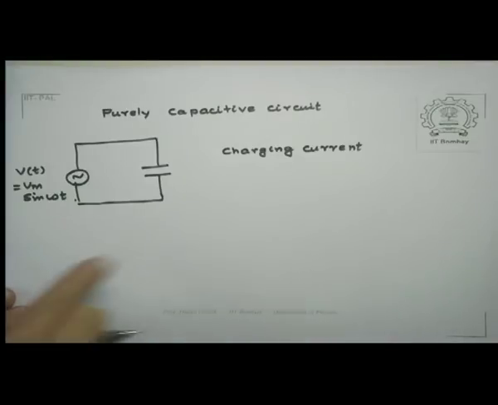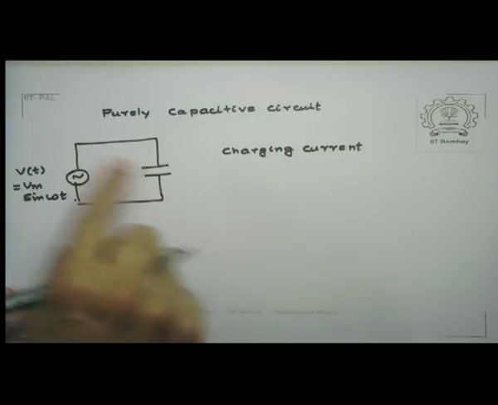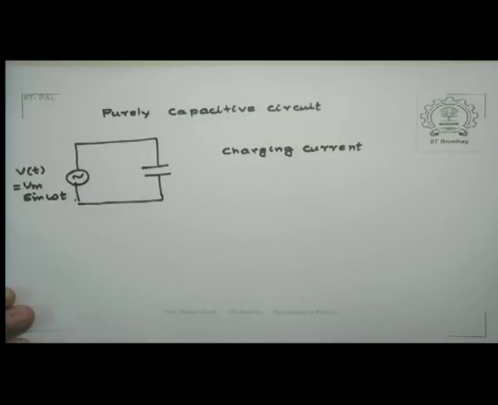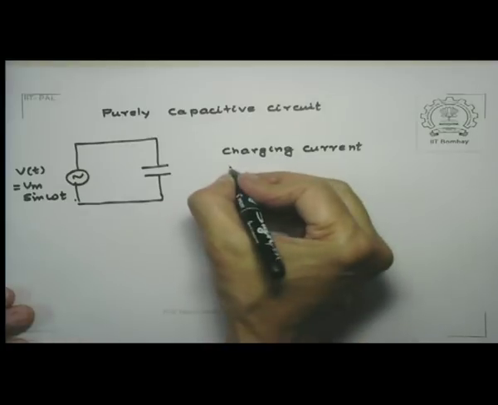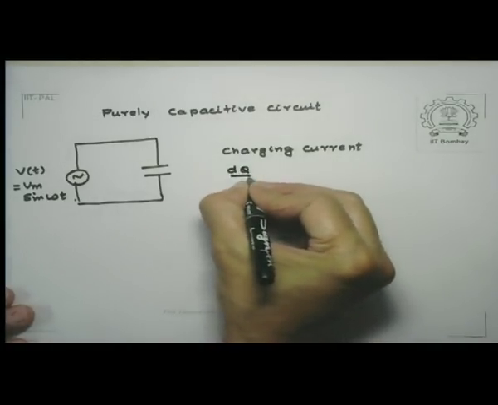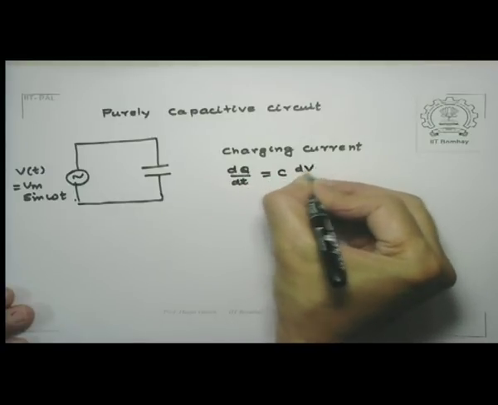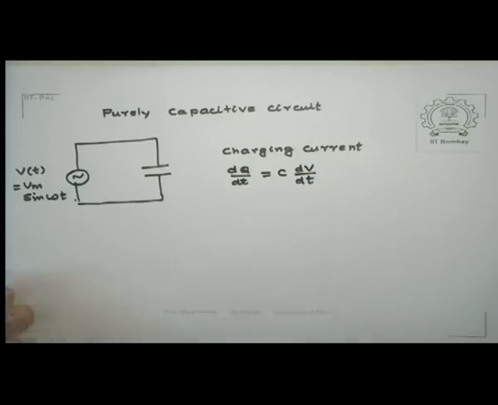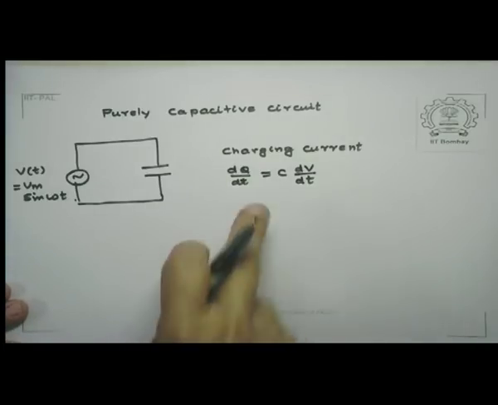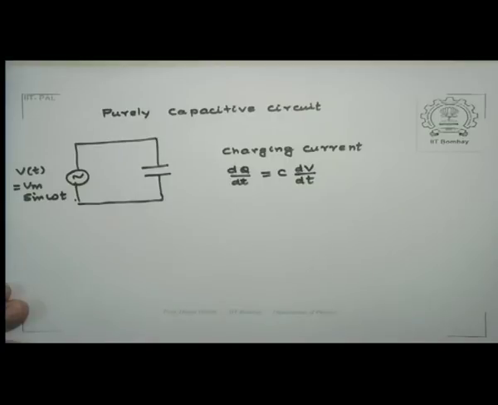And as the voltage keeps on changing direction, and so does the current, I will have alternately charging and discharging. So this current is given by dq by dt equal to C dV by dt. So this is my charging current, and this is what is going to flow into the capacitor.